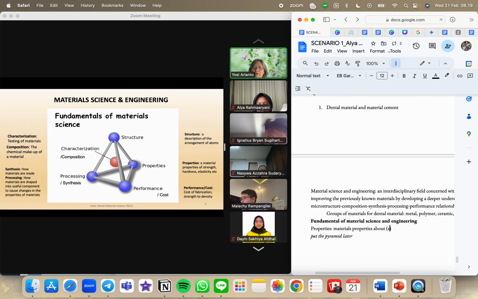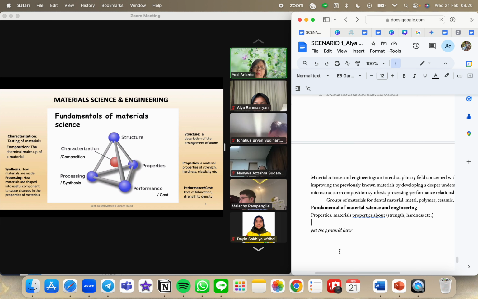And then we have the processing here. How to make our shape into useful component, and sometimes it will cause changes in the structure. If you give too much heat or lower heat or maybe hammering, the properties will change.